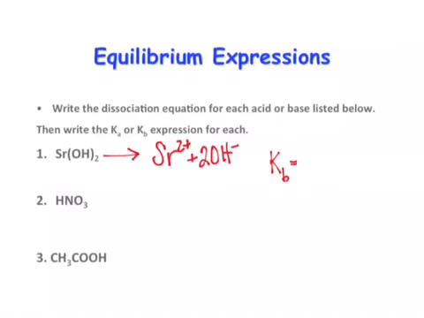What goes on top? All right. So if all the concentrations were 1, this would be 1 times 1 squared, which is 1, divided by 1. So the value of K would be 1. Okay?